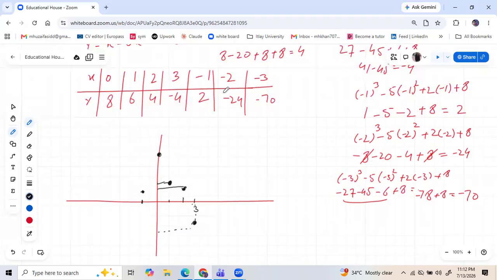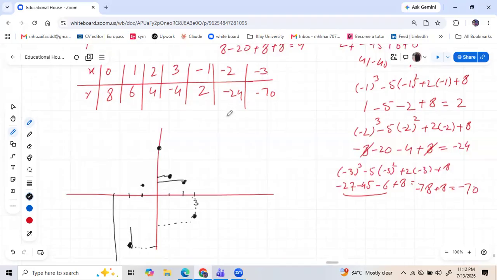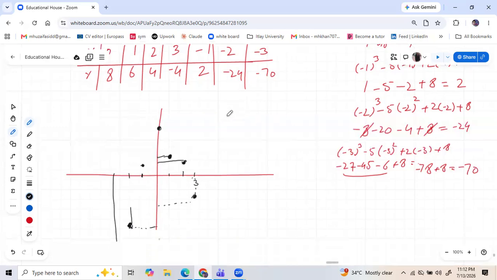So when x is equal to minus 2, it gives us y is equal to minus 24. So this is the minus 2, and we are moving downward on the y-axis. This is our 24. And same for the minus 3. This is minus 3, and this is maybe too far down a point.